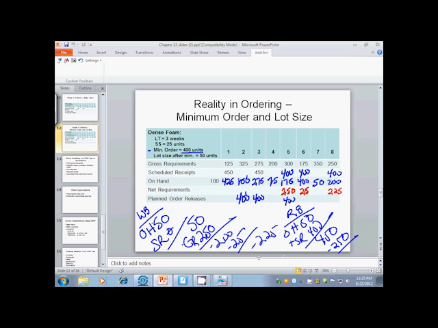If your supplier is closed the week of 4th of July and you're not, you have to vary how you're going to order things. So there's other things, reality, that have to be taken into consideration, but this gives us a basic idea of what's going on. Now, your book did do the lot for lot ordering. I bring in this other reality with safety stock, minimum order size, and then lot size after minimum.